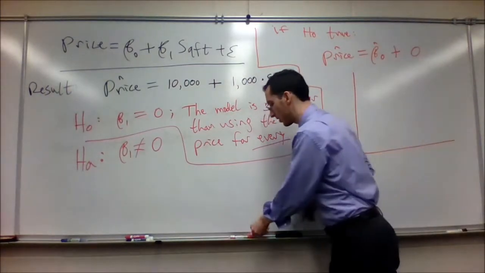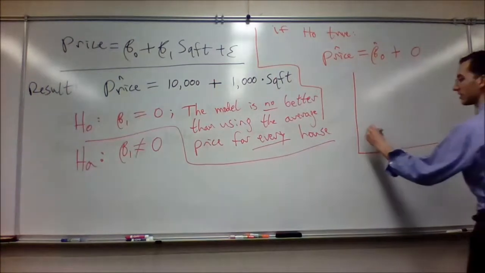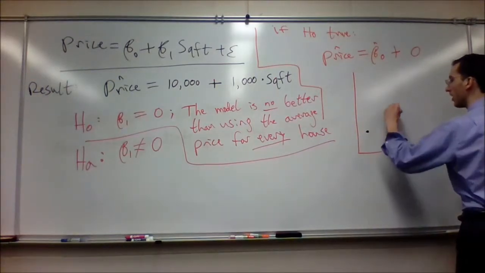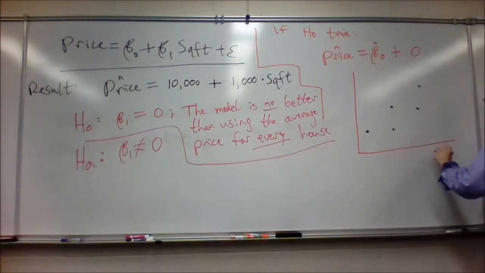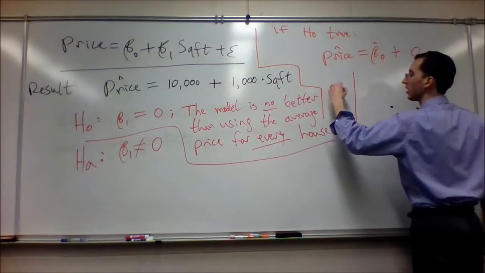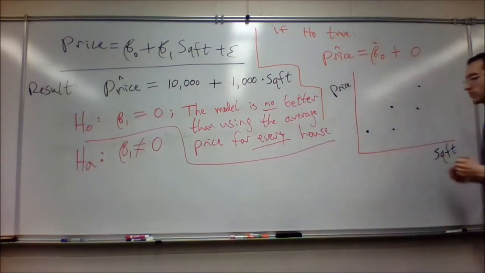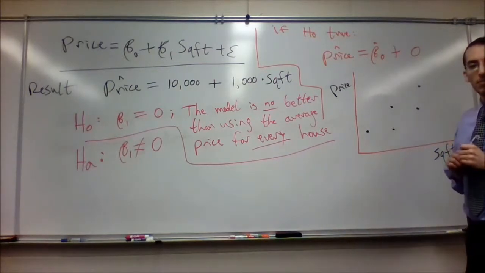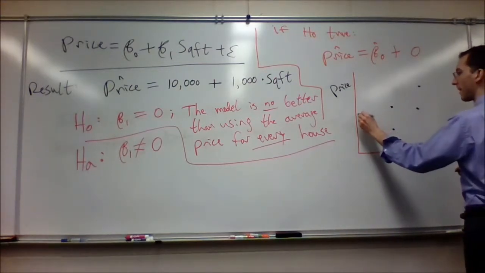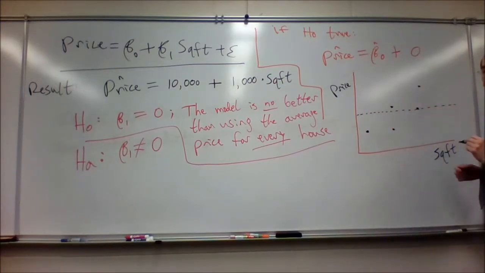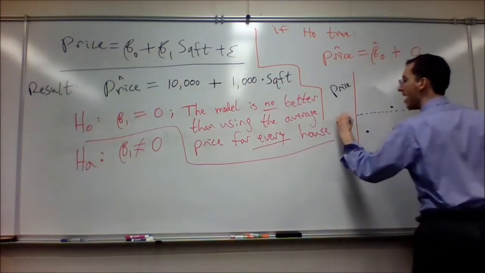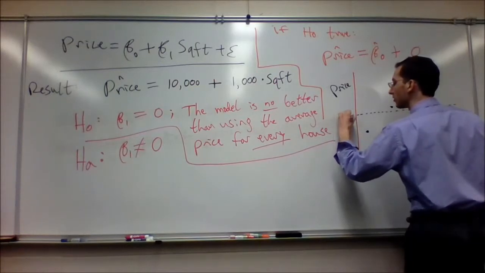The way this works graphically is that, let's say we have 5 data points here, and I have square feet down here, and I have housing price up here. And let's say I put in the average value as a dotted line and say this is the average price of a house.